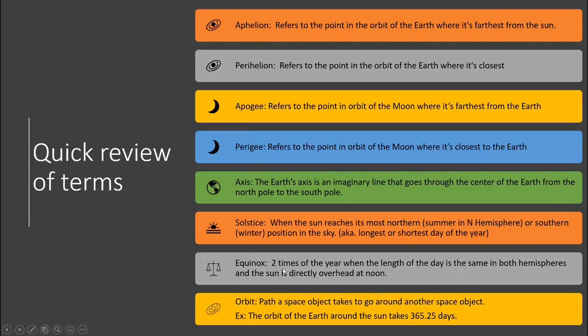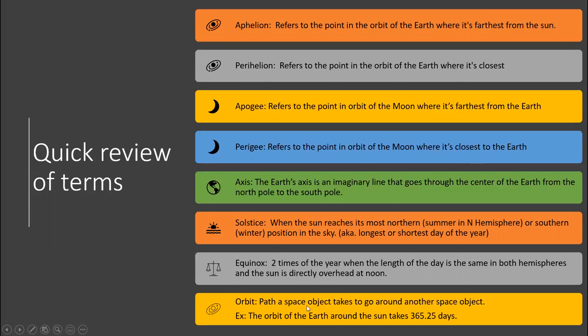Equinox is twice a year, where the length of the day and night are the same in both hemispheres, and the sun is directly overhead at noon, like you've seen in the video. So it's 12-12.